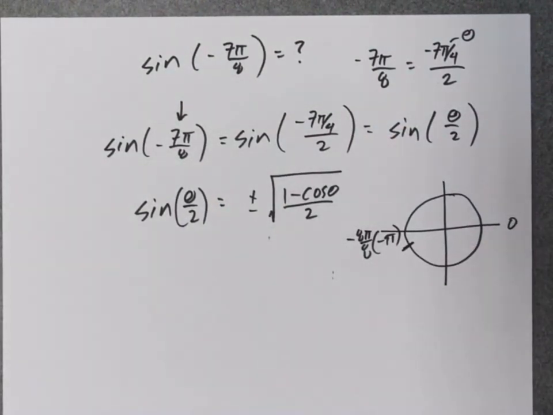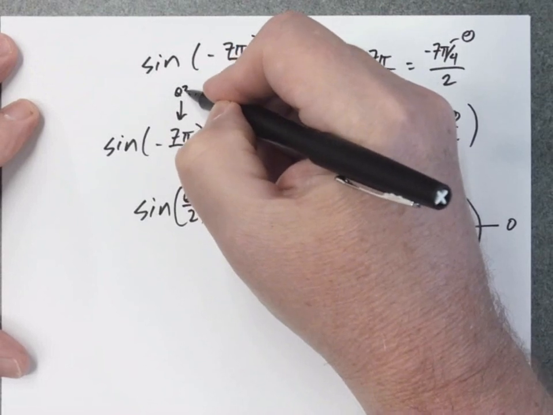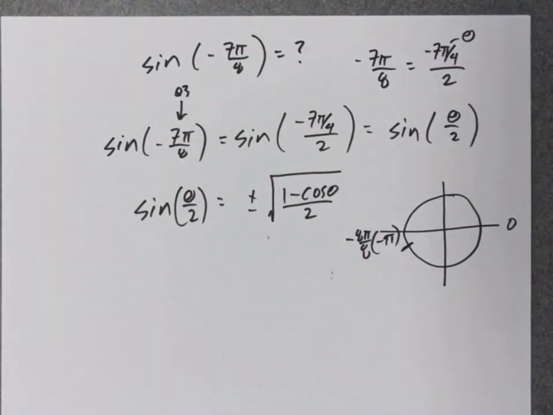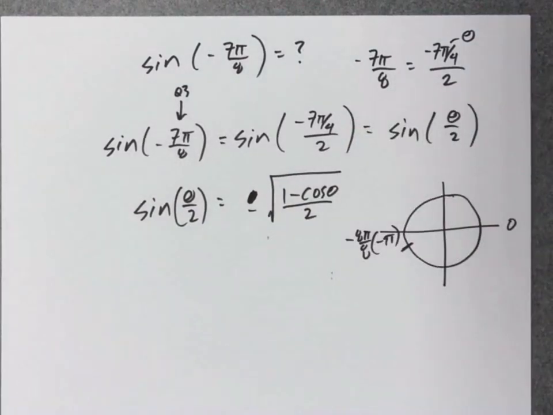Maybe right in here. So we've just determined this angle's in quadrant 3. What is the sine? Always has to be in quadrant 3. It has to be negative. So before I start doing any calculations, I know this is going to be a negative answer.